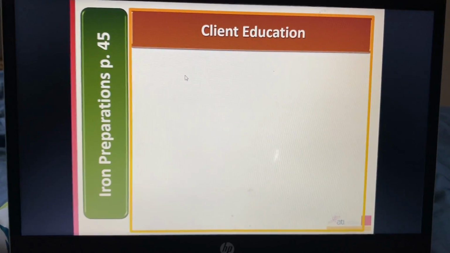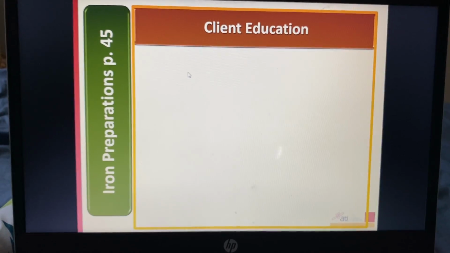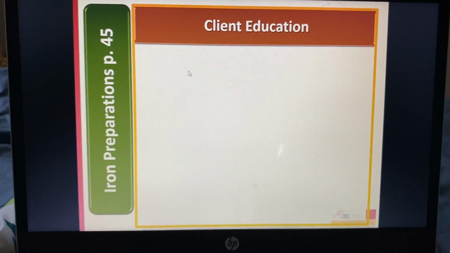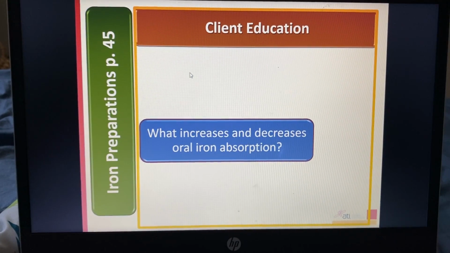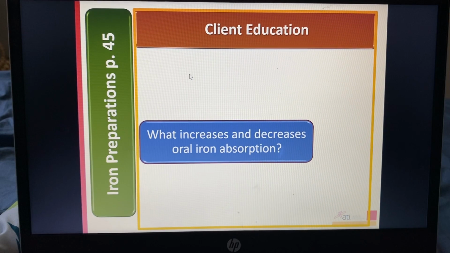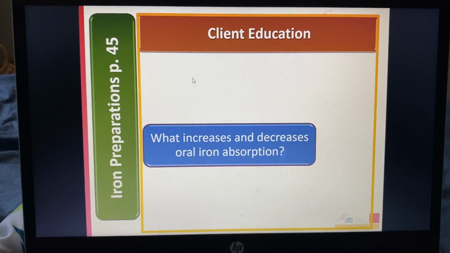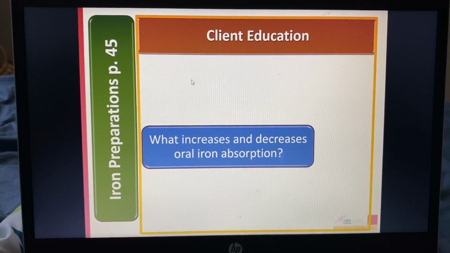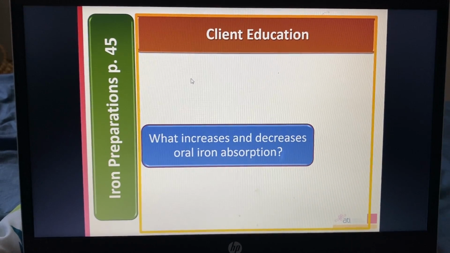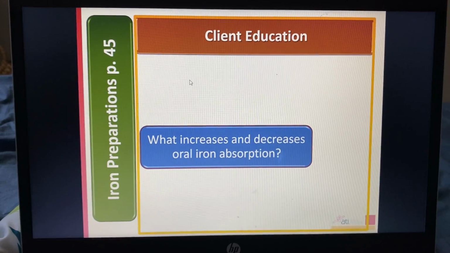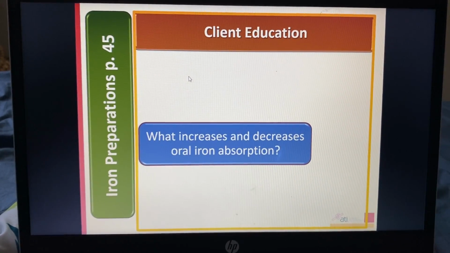All right, so iron preparations are a way that we can help patients who have anemia. Iron deficiency anemia is the most typical type of anemia that we see. So in the chat, tell me what increases and decreases oral iron absorption. If we're giving somebody oral iron supplementation, what are some things that might increase or decrease it? Anybody?